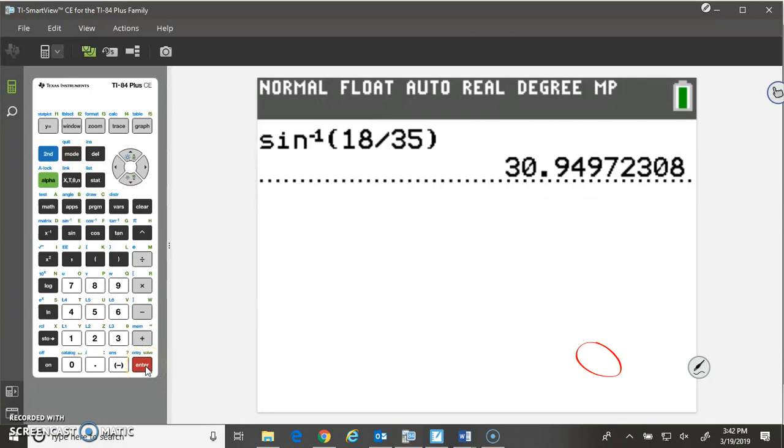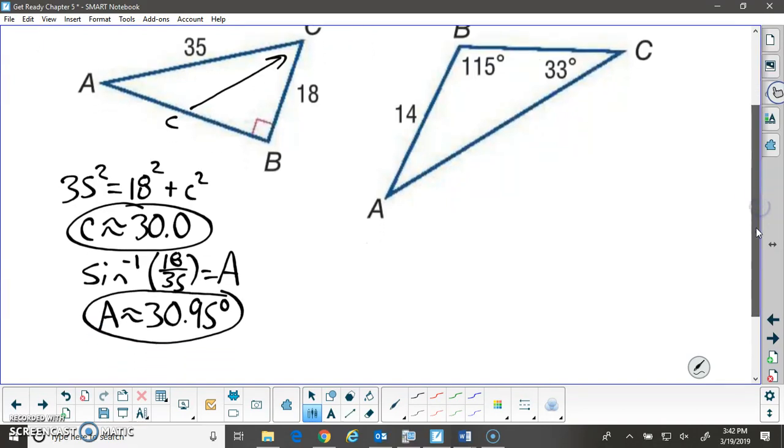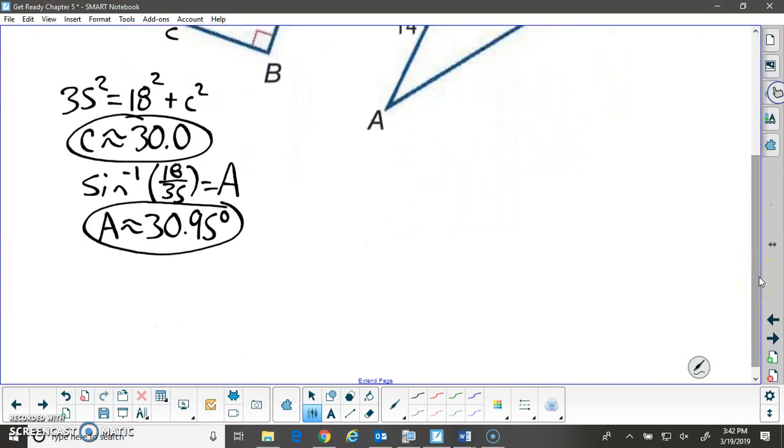That gives me angle A to be about 30.95 degrees. Which means that angle C would have to be the complement to that, adds up to 90 degrees. And that would have to be 59.05 degrees.